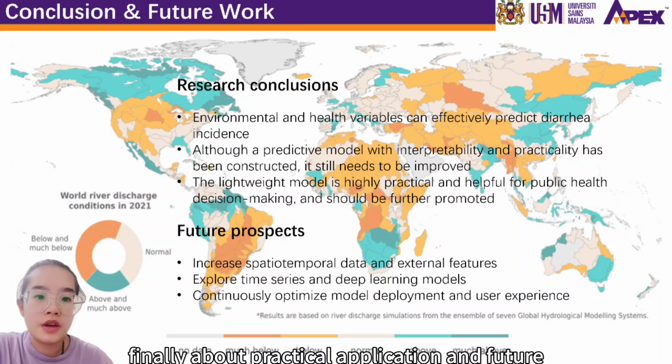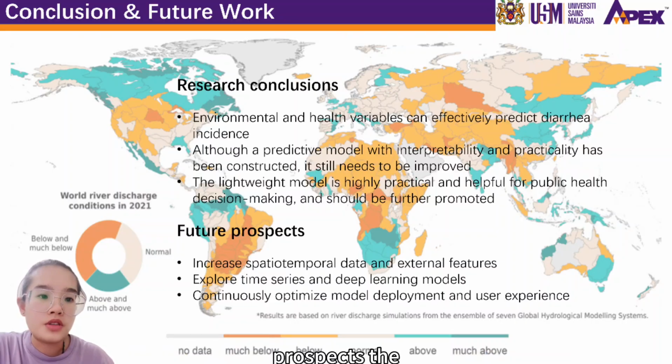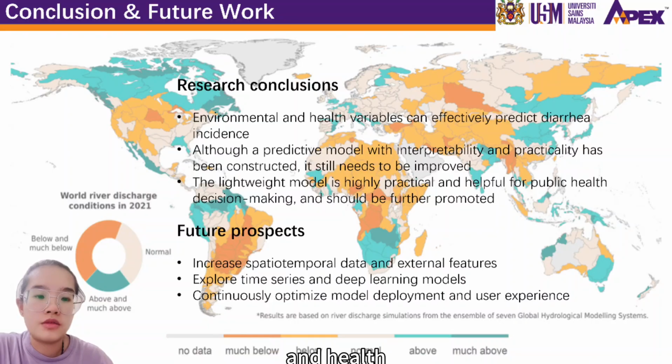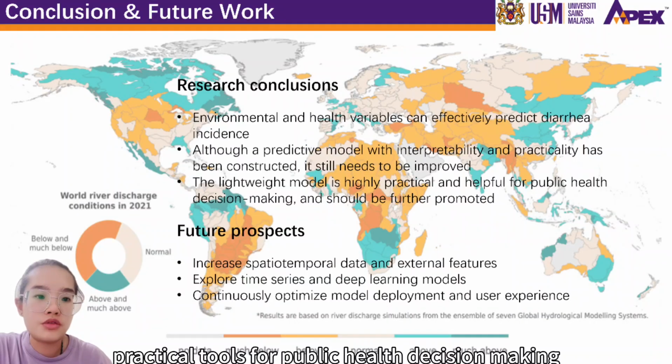Finally, about practical application and future prospects. The value of this study is that it not only verifies the importance of environmental and health variables for diarrhea prediction, but also provides practical tools for public health decision making.